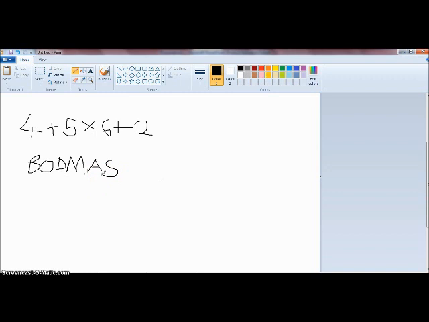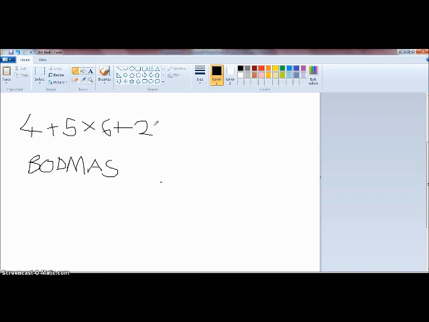So now, BODMAS means B is brackets. So this is brackets of division, multiplication, addition, and subtraction. And what this means is, for example, in what we've been given, it says brackets of division. If there was any division sign here, we would have started with division.